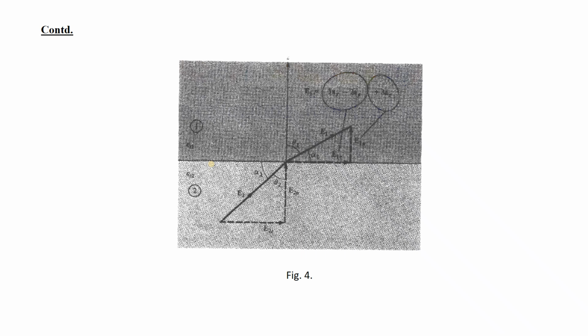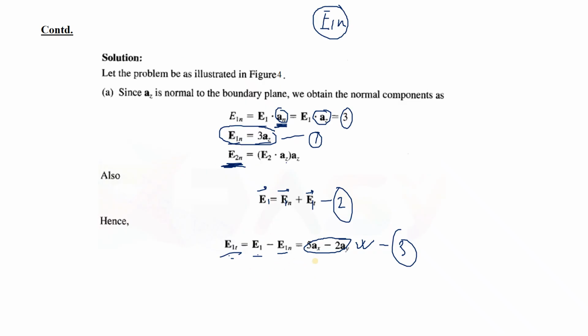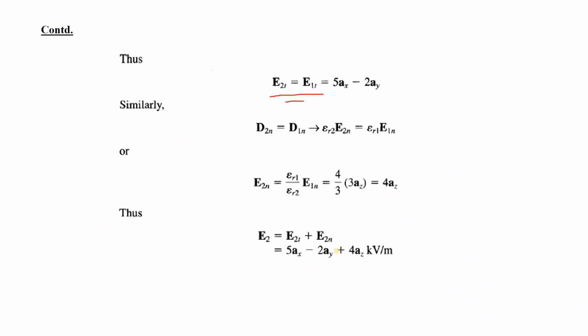So if the tangential component of the first medium is 5 unit vector x minus 2 unit vector y, for the second medium it will be the same: 5 unit vector x minus 2 unit vector y, there is no difference. So we are getting this conclusion. Suppose this is equation number 4.